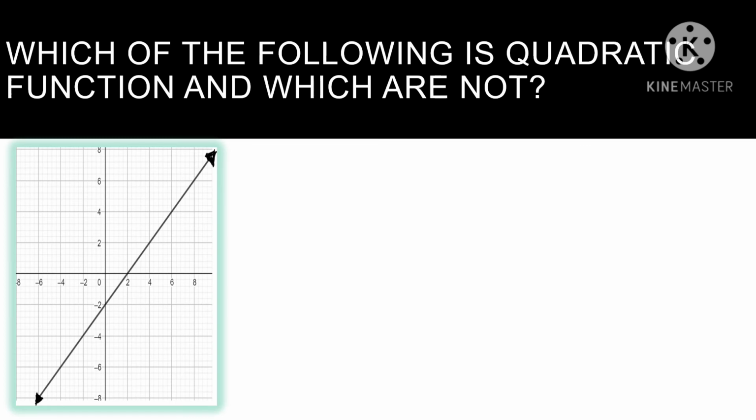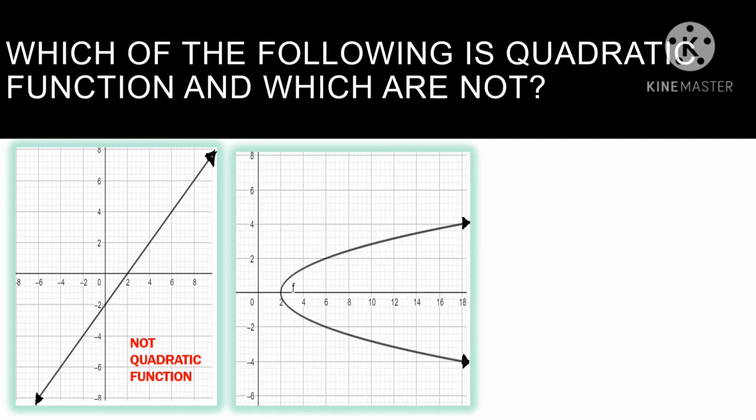So how about this one? This is not a graph of a quadratic function because it looks like a line. Okay, this function is not a quadratic function. This is what we call the linear function. How about this one? So this graph, is this a quadratic function?